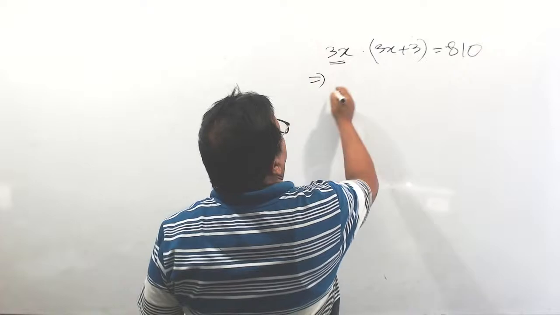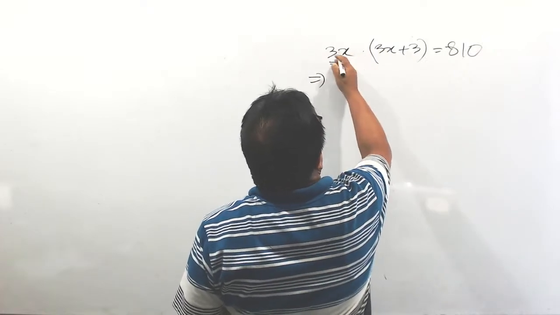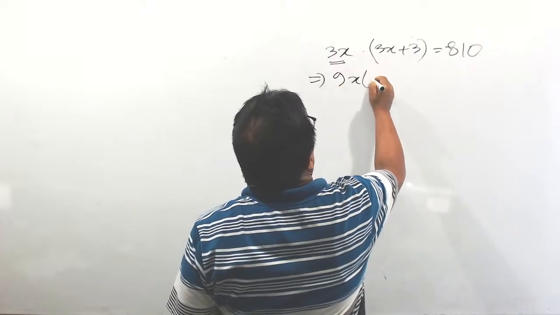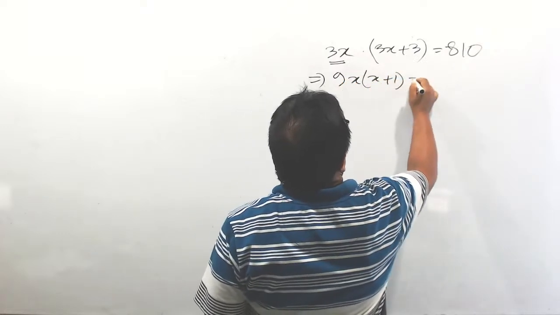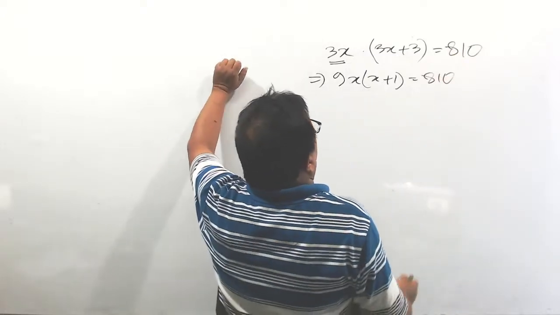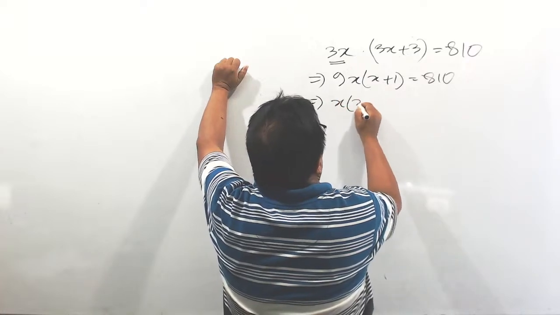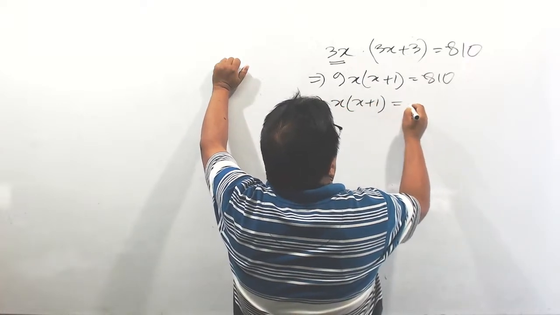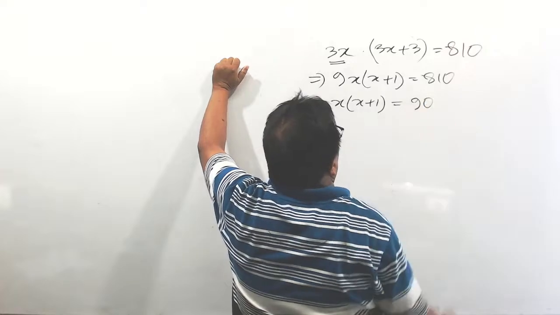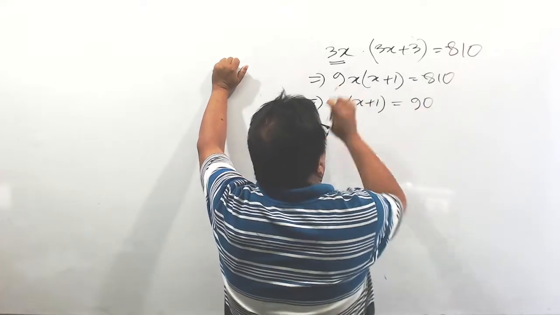This implies, so you do one thing, take common 3, there are 3 3s are 9, x into x plus 1 is equal to 810. Okay, divide by 9, that means x into x plus 1 is equal to 90. Is it? Divide both sides by 9.